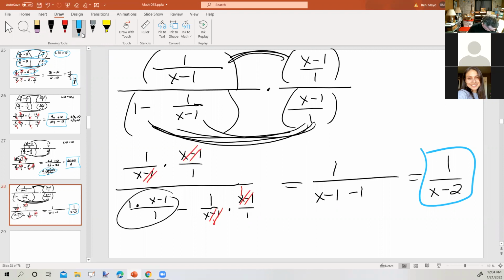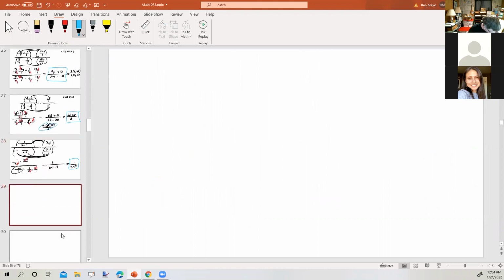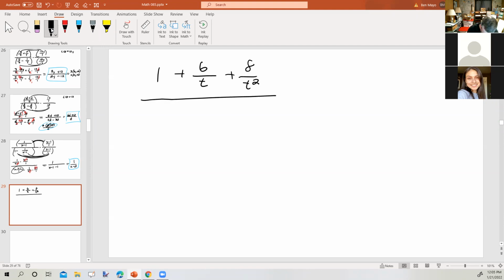Let's see here. How about this one? 1 plus 6 over t plus 8 over t squared all over 1 plus 1 over t minus 12 over t squared.